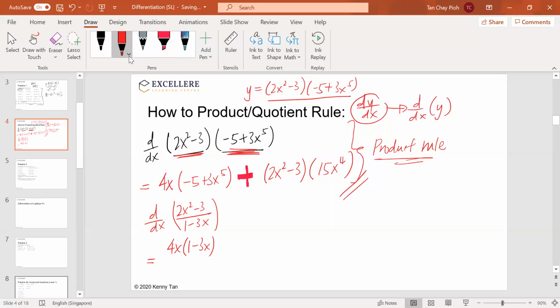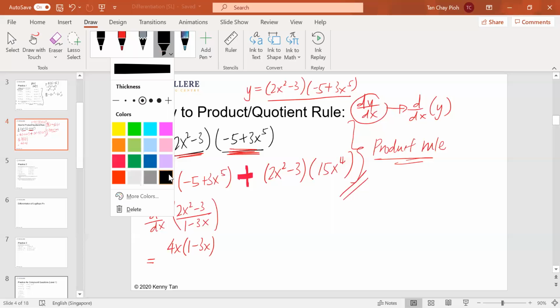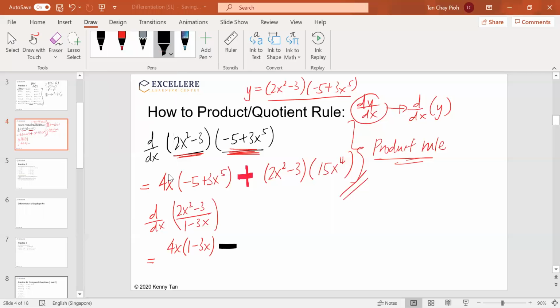But over here it's a bit different. We are going to minus. We're going to hold the first term, the top term. Then we differentiate what is at the bottom. So 3 minus 3.